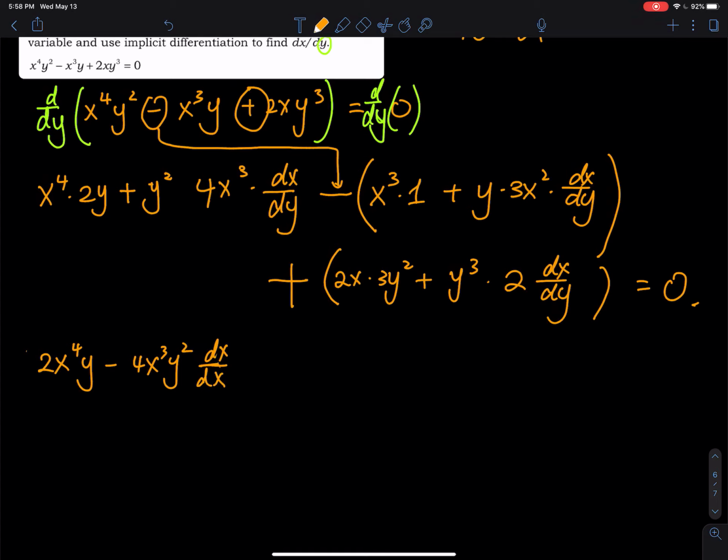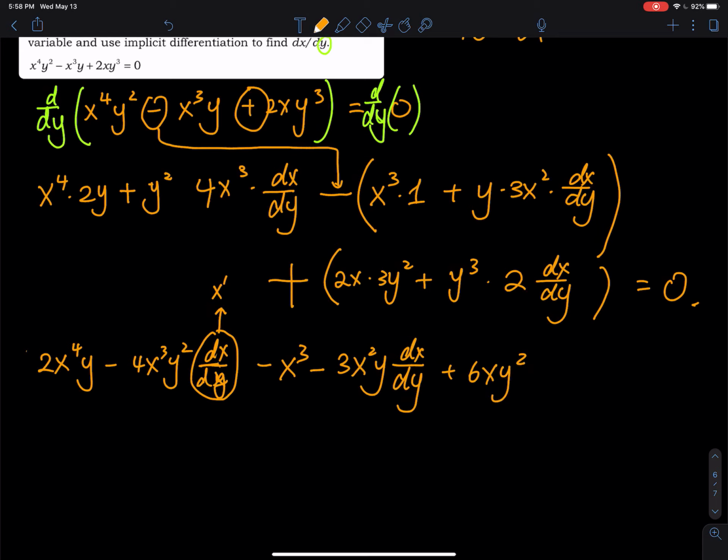What is dx dy? dx dy is x prime, and then minus x to the 3rd minus 3x squared y dx dy, and then plus 6x y squared, and then plus 2y to the 3rd dx dy equals 0.